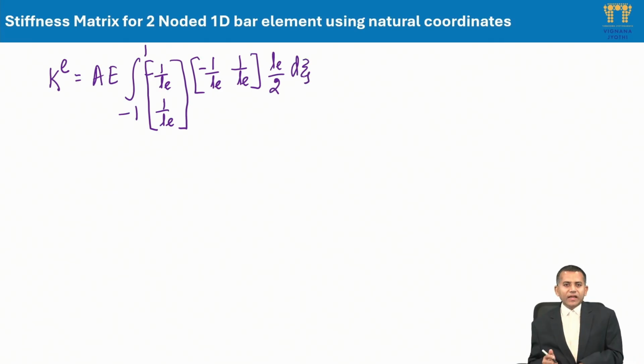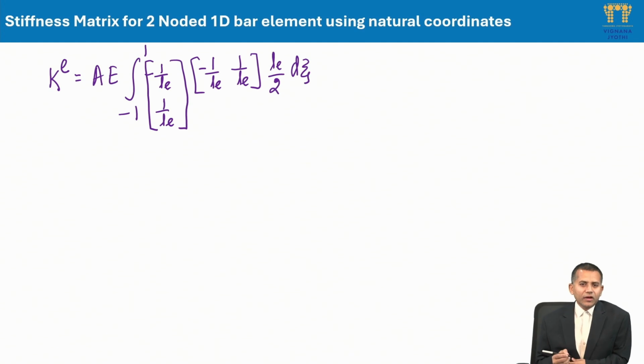So now we converted the entire expression in terms of natural coordinates. Just multiply this 2 and LE by 2, which is again the length of the element, and I can take it out.